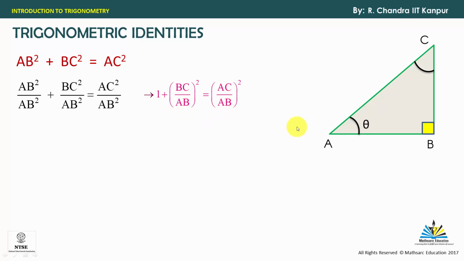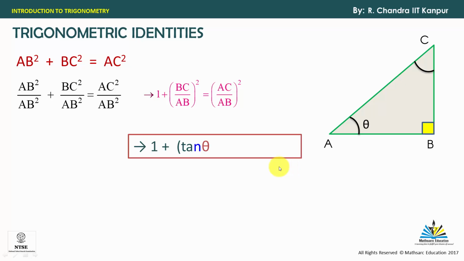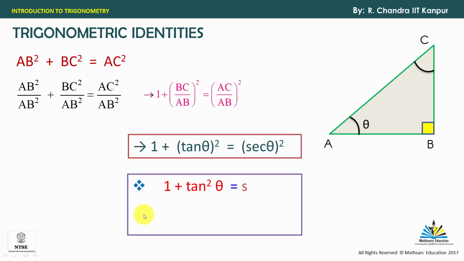Now with respect to this angle theta, BC upon AB is tan theta, and AC upon AB is sec theta. So the identity becomes 1 plus tan square theta is equal to sec square theta.